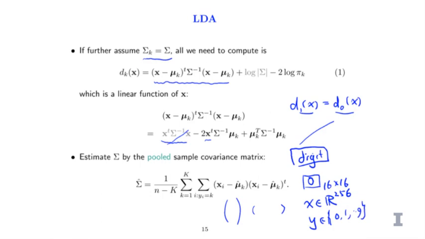So suppose our training sample is 200. So we have 200 samples, and you're going to find out this sigma is definitely not full rank, because sigma is going to be a 256 by 256 matrix, but its rank is at most 190.